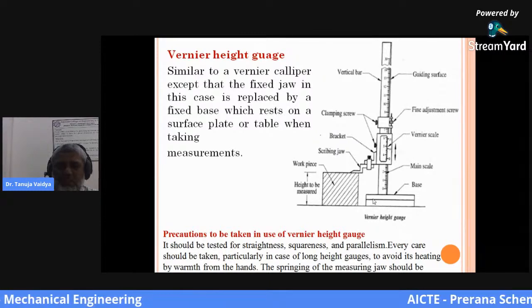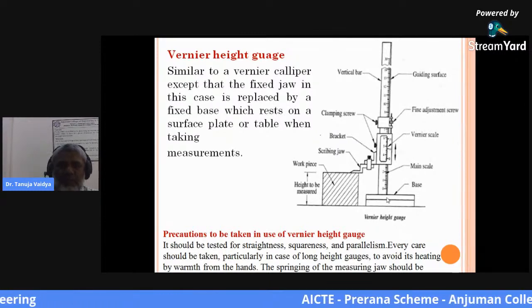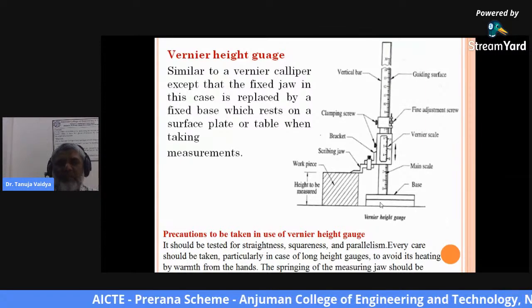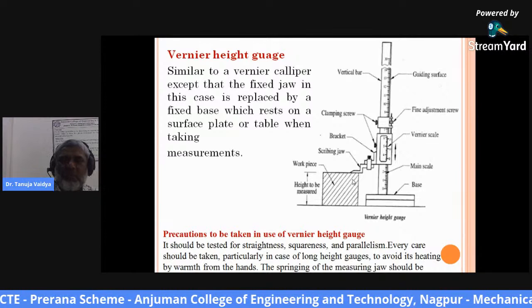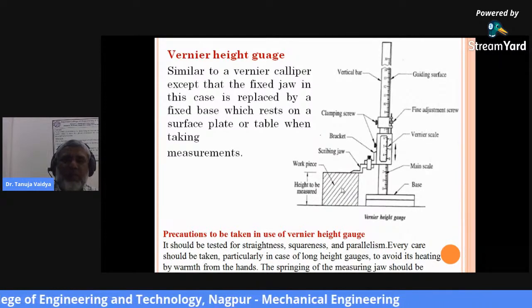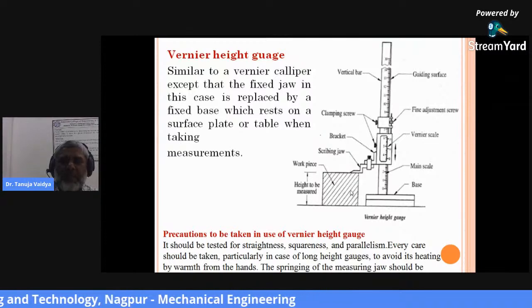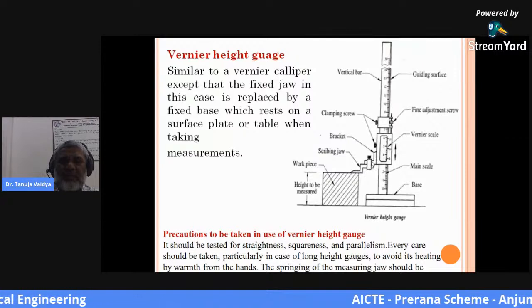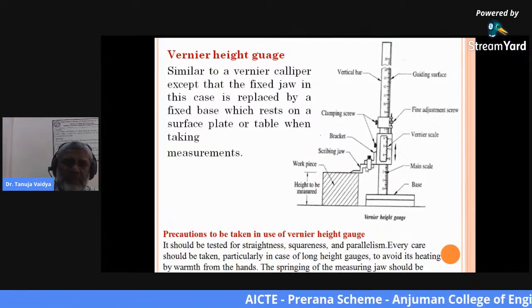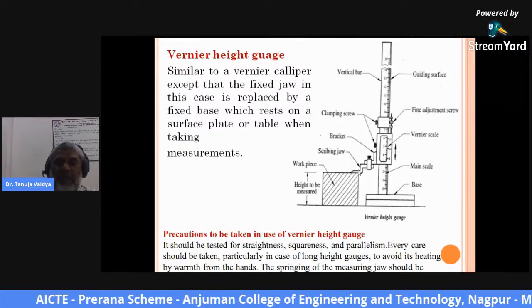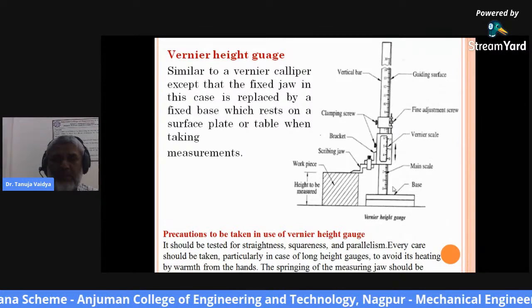Instead of a fixed jaw, only a fixed base is provided, which rests on a surface plate or table when taking measurements. The part whose height is to be calculated is placed here, and this scribing jaw is attached to the vernier scale, and this then helps in getting the exact dimension or height of the workpiece.